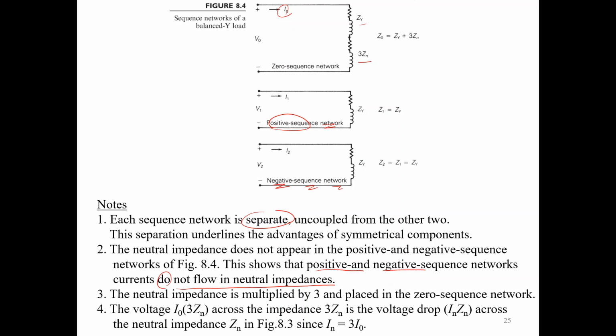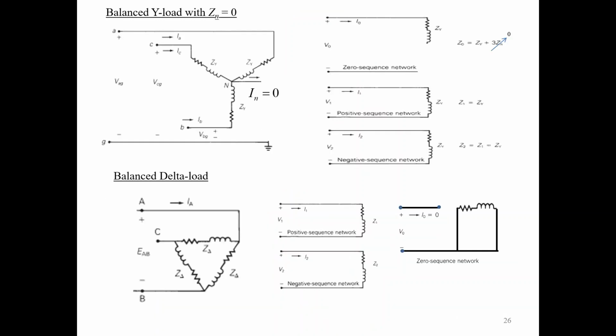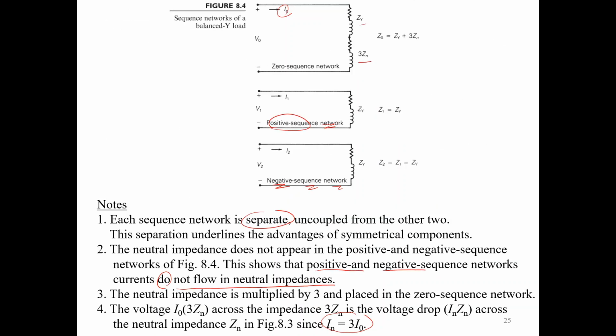So the voltage across the 3 times Zn is the voltage drop across the neutral impedance, because you know that In is equal to 3 times I0. I hope this is clear, because the neutral current is 3 times I0.